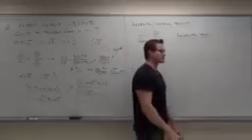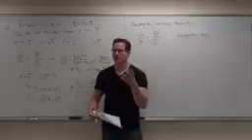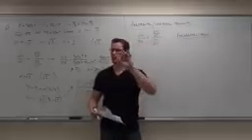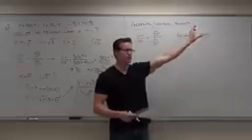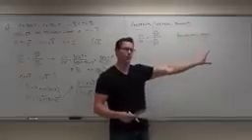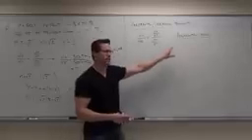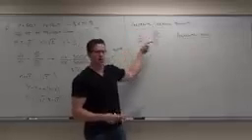Horizontal tangents. When you did limits, horizontal tangents were when basically your numerator equals 0 and your denominator does not. Well, in our case, it's going to be where dy/dt equals 0.